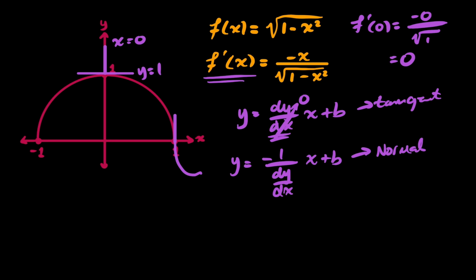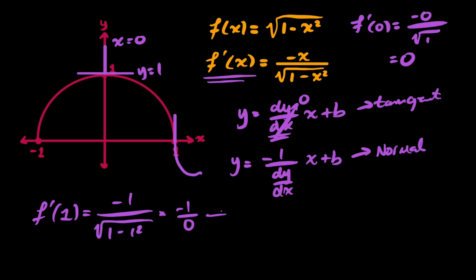We can even try to prove that ourselves. We know that f prime of 1 is going to be equal to -1 over the square root of 1 minus 1 squared, which is just going to be -1 over 0. And so this would tell us that we have an infinite slope.